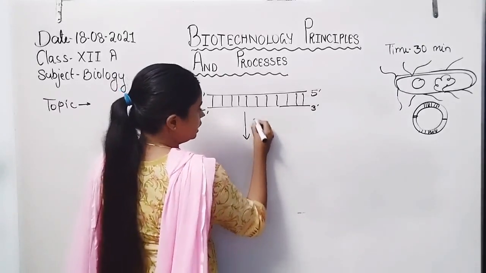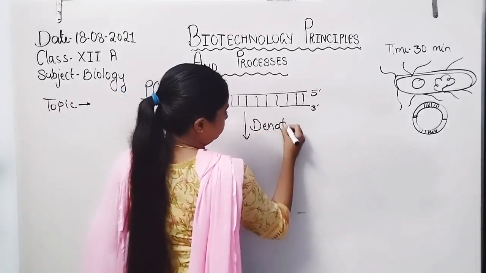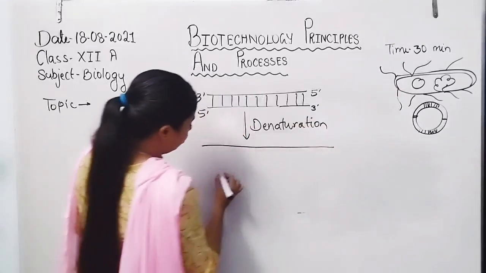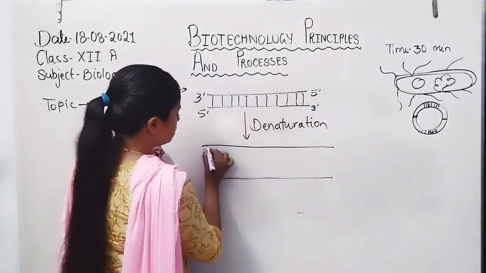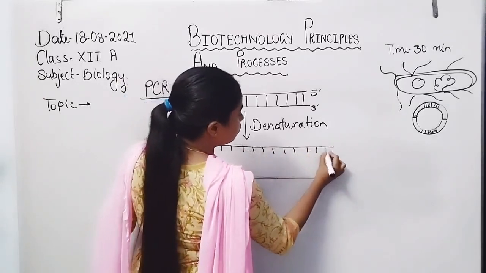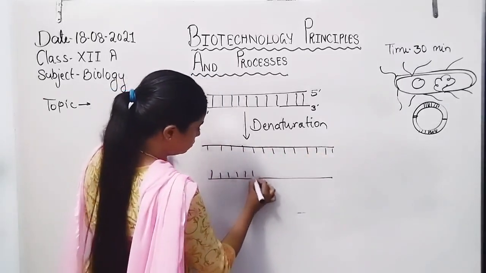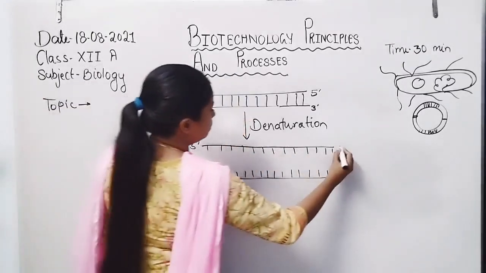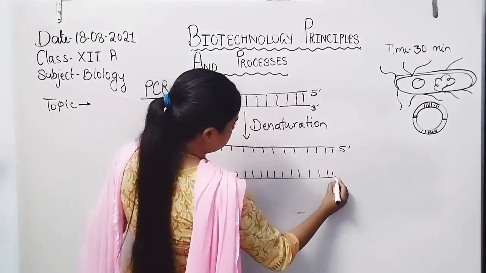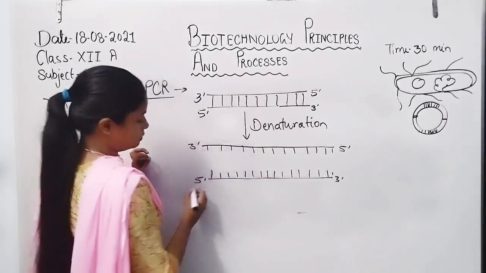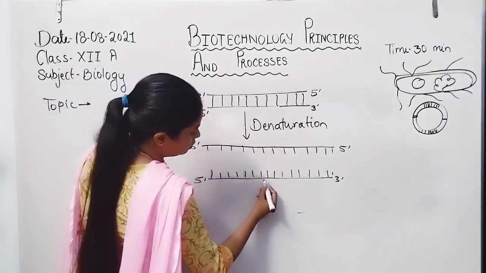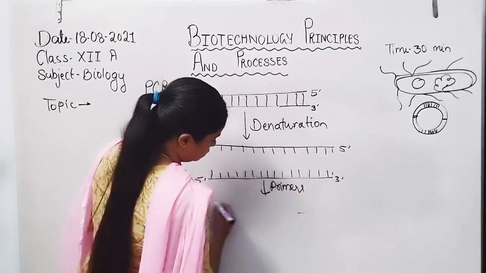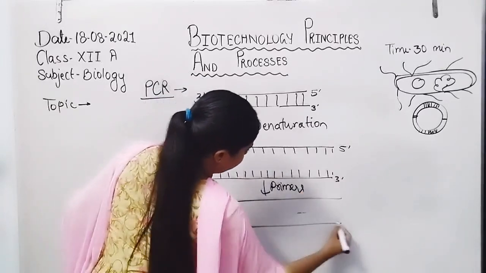So first is denaturation. Denaturation simply involves the breakdown of the double or triple hydrogen bonds present between the two polynucleotide chains of DNA. Here is 3 prime and 5 prime, and now after denaturation there is addition of primers, RNA primers. Now primers get added at this region.